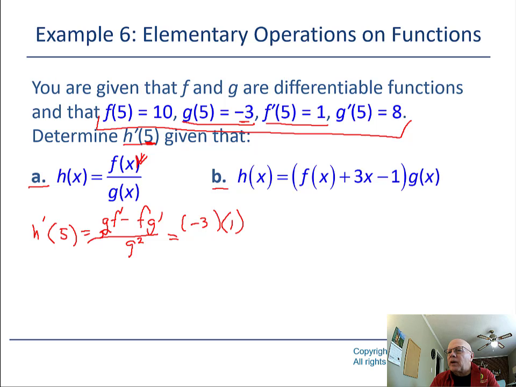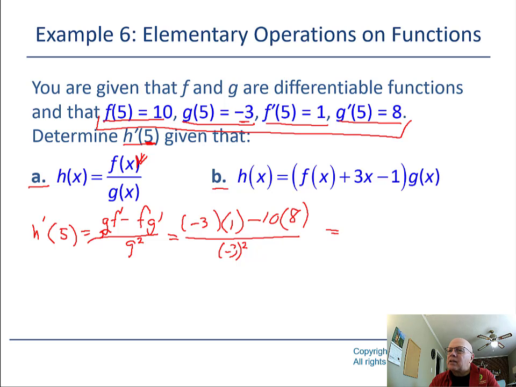We've got a minus between them. Now we need f of 5. F of 5 is right there, 10. And g prime of 5 is right there, an 8. On the bottom, notice this isn't a derivative, it's just g squared, and g of 5 is negative 3, so it's negative 3 squared. And we're ready to go.